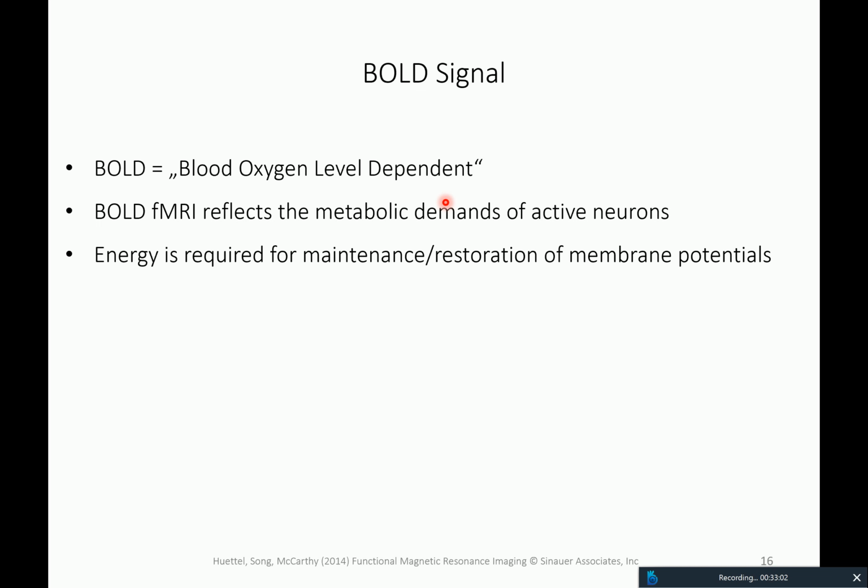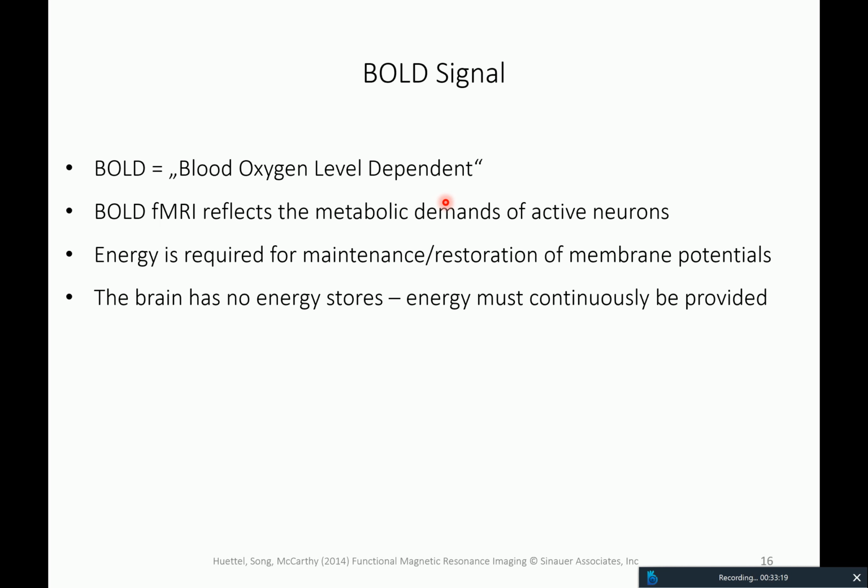So the bottom line is that, of course, the brain needs energy to maintain and restore membrane potentials. As you remember from EEG, there are membrane potentials, and they need to be maintained, sodium-potassium pump, and restored after excitation. However, the brain has no energy stores per se, so energy must continuously be provided.